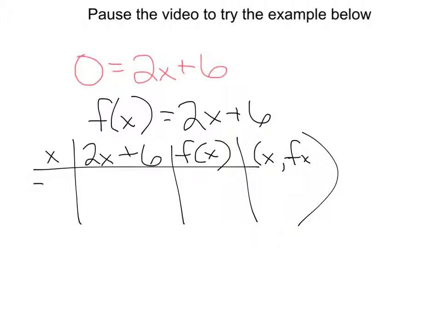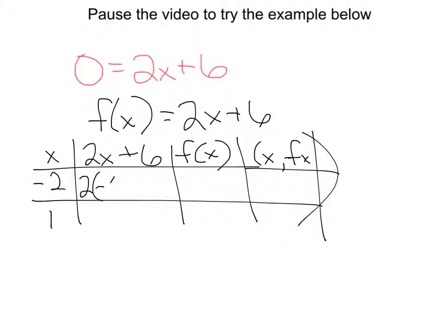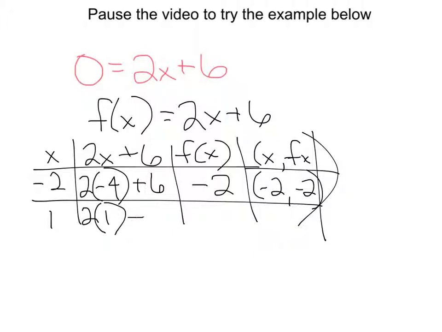We're going to use -2 and 1. If we put -2 in for x, we have -4 plus 6, which would be 2. So we have -2, 2. Then if we put 1 in for x, we have 2 plus 6, which is 8. And we have 1, 8.